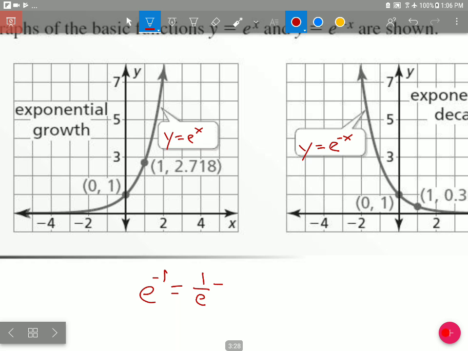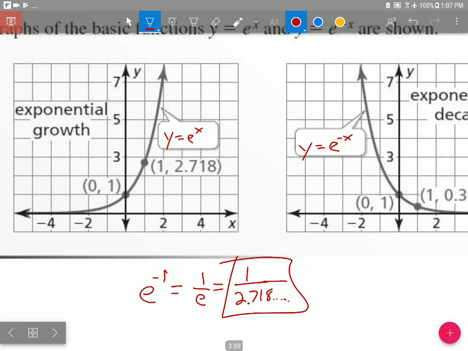Which is 1 over 2.718... Is this number less than 1? No. 1 divided by 2. Just take the 2. Is that less than 1? Yes. It's like 0.6 something.